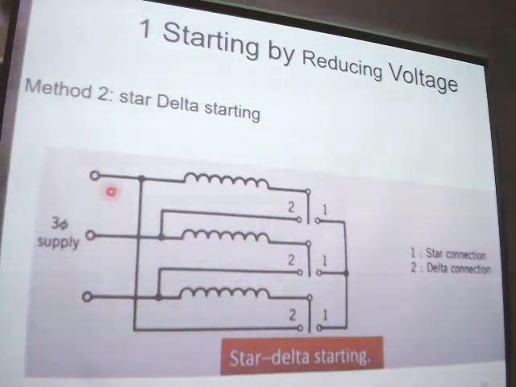For example, 380 volt line to line. So it's the line voltage.